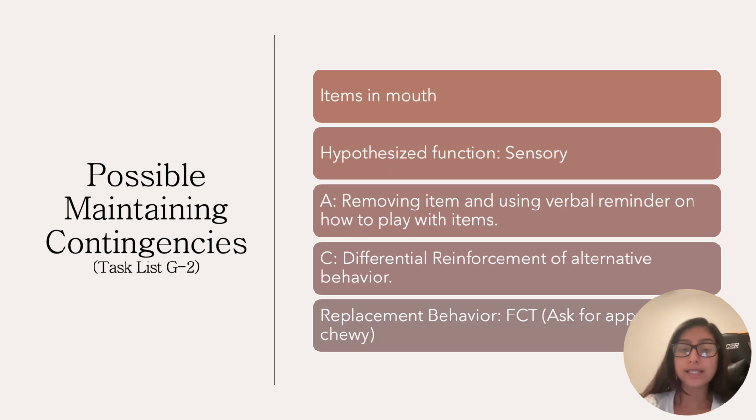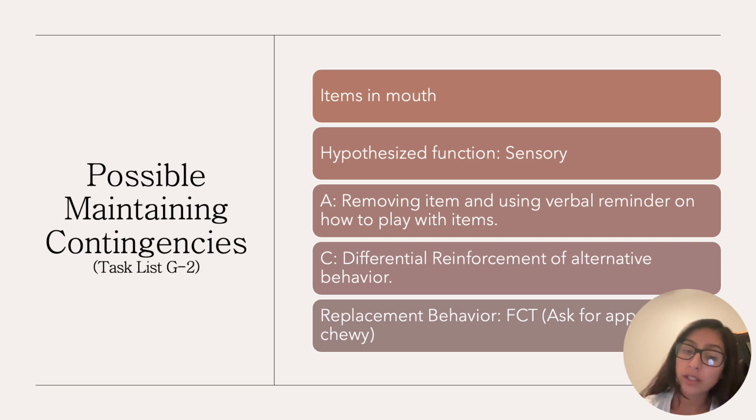So, possible maintaining contingencies for items in mouth. The hypothesized function is sensory or automatic. The antecedent is removing items that are potentially small or that the client is known to have put in their mouth, and using verbal reminders on how to play with the items. So before presenting a toy with smaller objects, like, okay, we're gonna play this way.